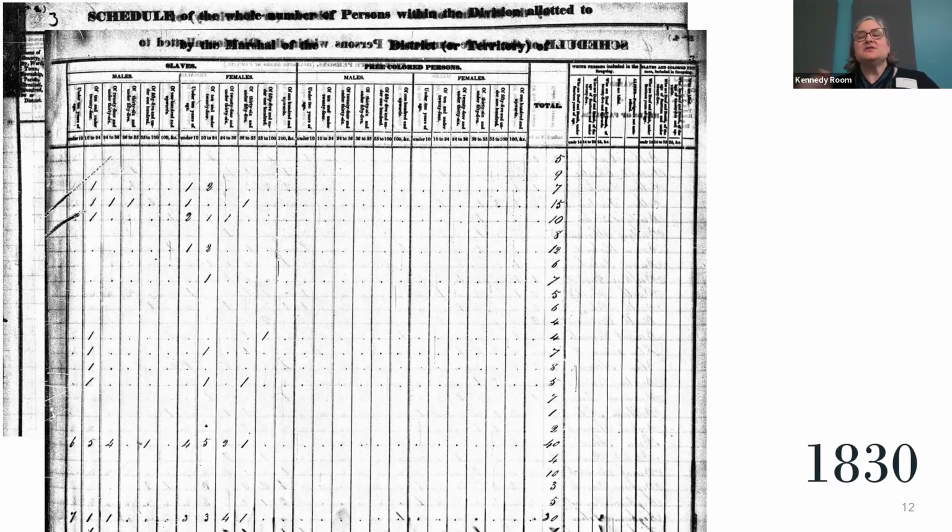But then the social scientists are starting to get involved in this. And in that right-hand side of the page, they want to know, for the white people, are any in the following categories? Deaf and dumb, can't hear, can't speak.